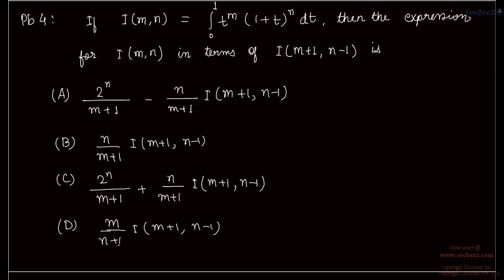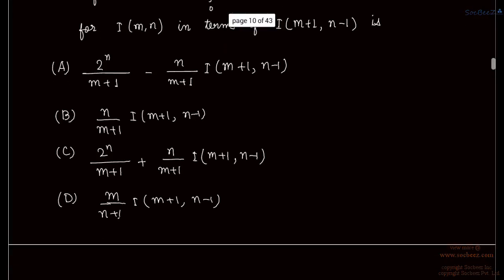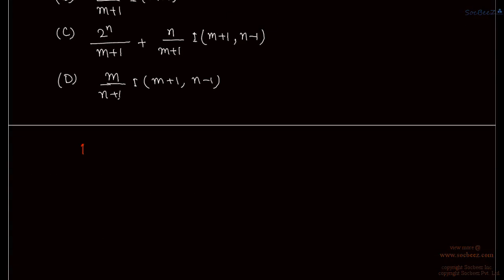That is, we have to reduce the power of n and increase the power of m. So we have I m n as the integral from 0 to 1 of t to the power m into 1 plus t to the power n dt.